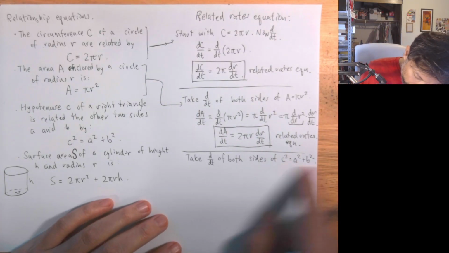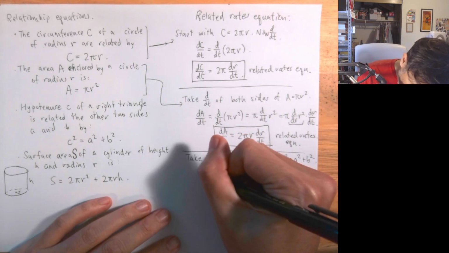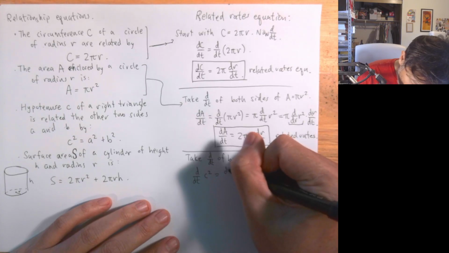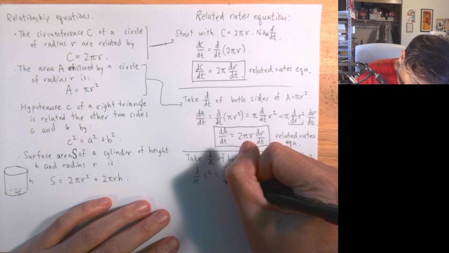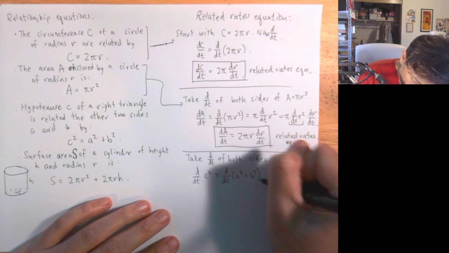If we take d/dt of both sides of this, okay, I'll go slow. It's d/dt of c squared is equal to d/dt of a squared plus b squared, right?